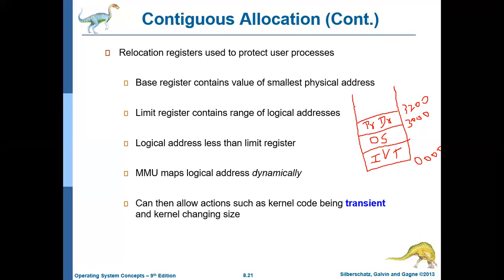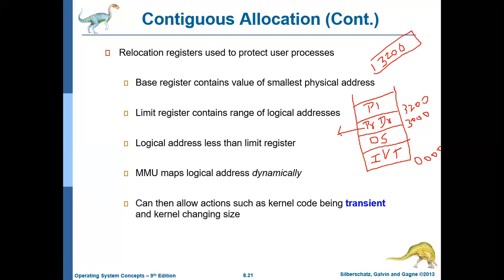Now if a user process P1 comes, its base register will be having the value 3200. Are you getting? But assume that this driver is not there.